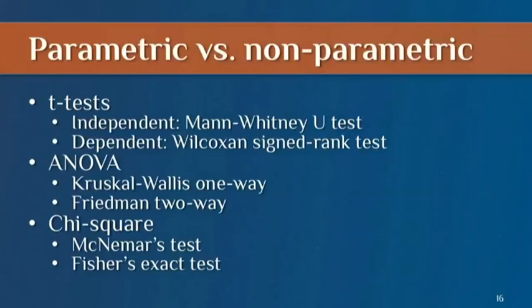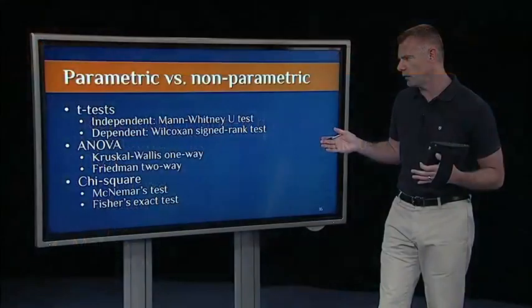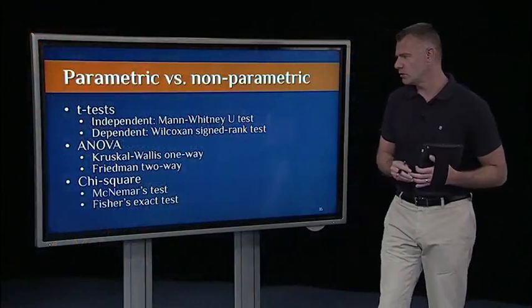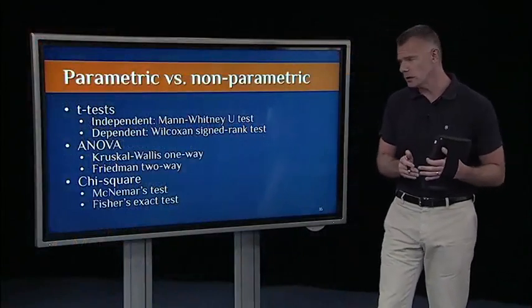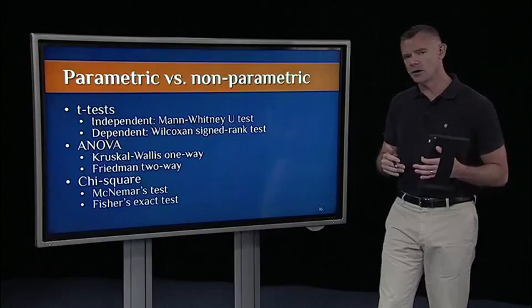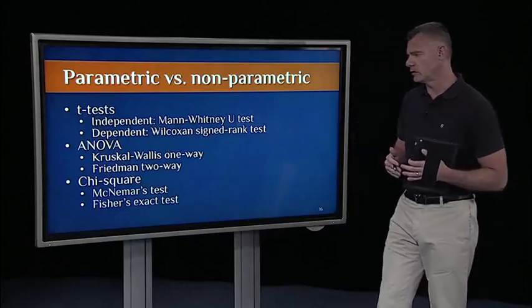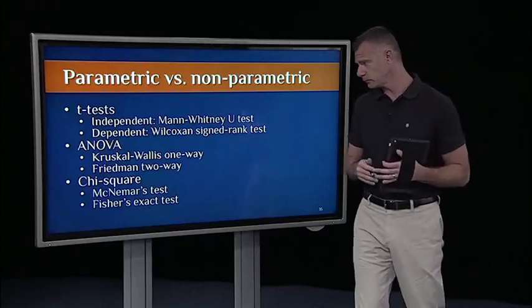For a dependent t-test, the most common non-parametric equivalent is the Wilcoxon signed rank test. For ANOVA, there are several options. The alternative to a one-way ANOVA, if you want to do a non-parametric procedure, is the Kruskal-Wallis procedure. And if you want the alternative for a factorial, the non-parametric procedure is called Friedman's procedure.